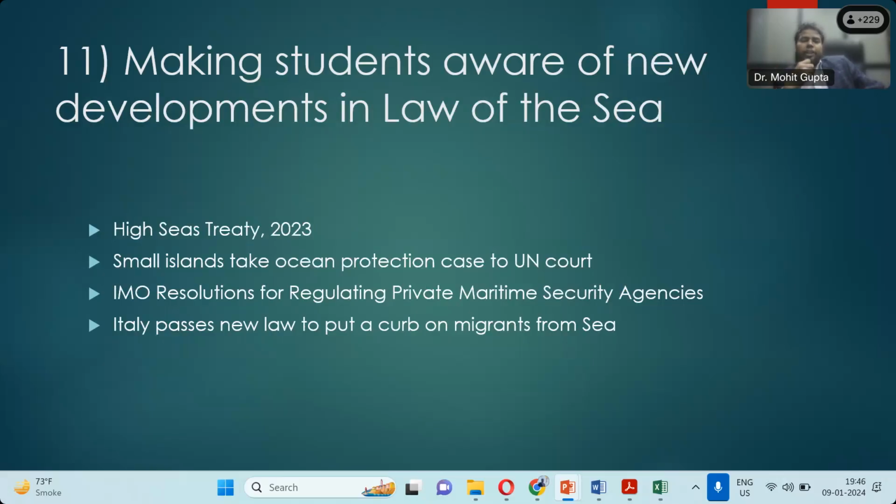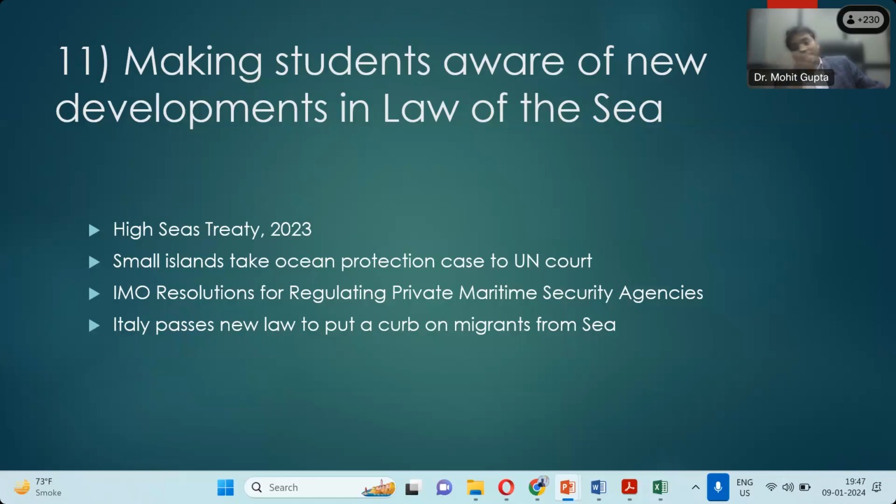So that can help all those students as well if we tell them those research areas. Also, it is important that students be made aware of the recent developments happening in the law of the sea. For instance, in 2023, we have this treaty which is called the ICS Treaty. In the same way, in 2023, several countries filed a case in the ICJ related to sea level rise.